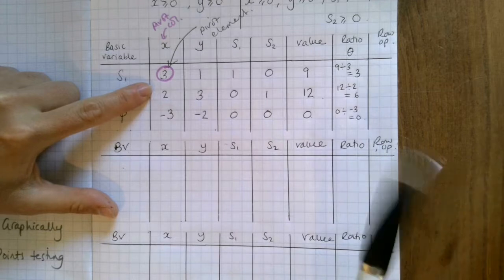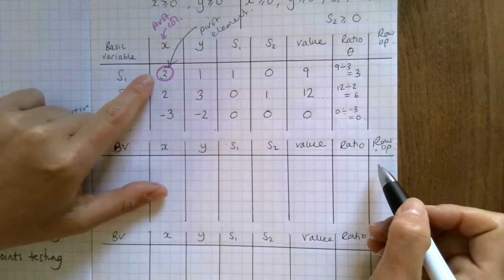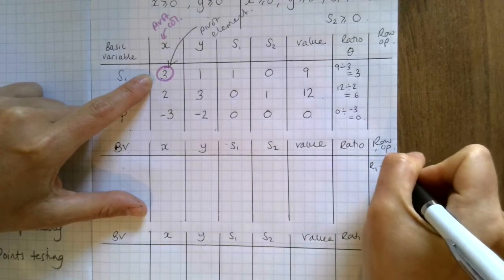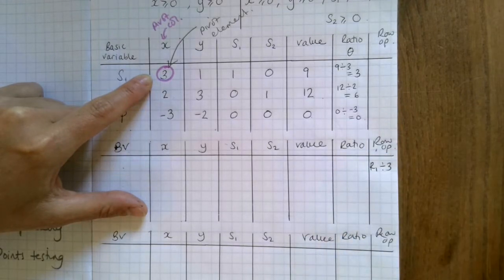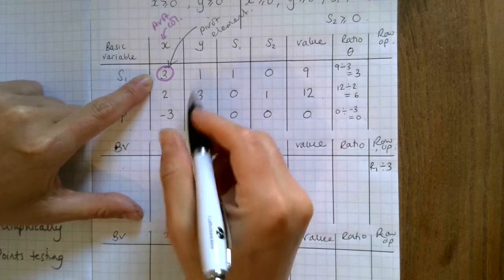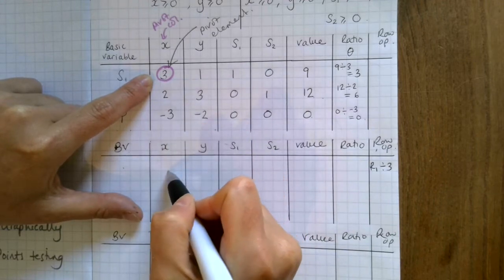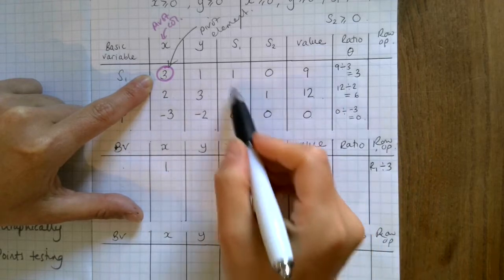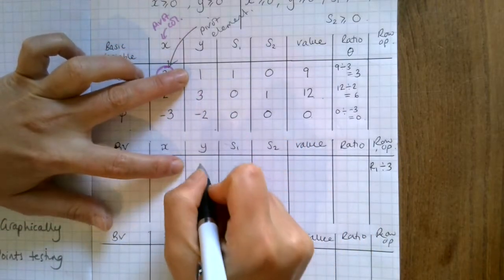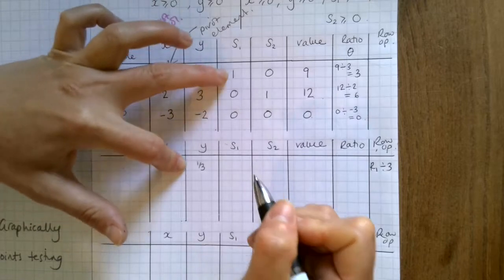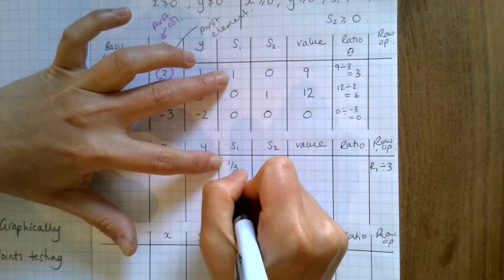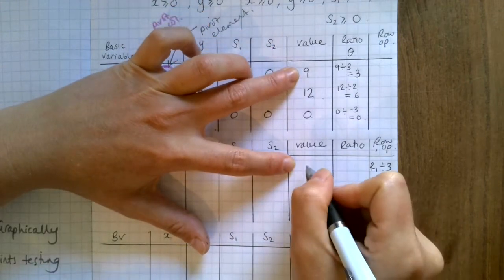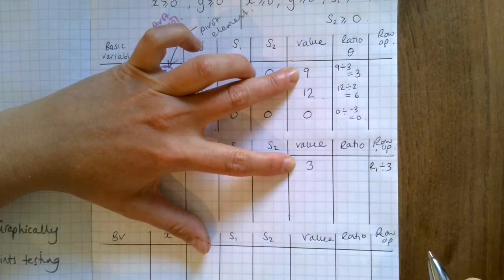So this is where we write our row operations: row 1 divided by 3. This divided by 3 is 1. This divided by 3 is 1/3. This divided by 3 is 1/3. This divided by 3 is 0. And this divided by 3 is 3.